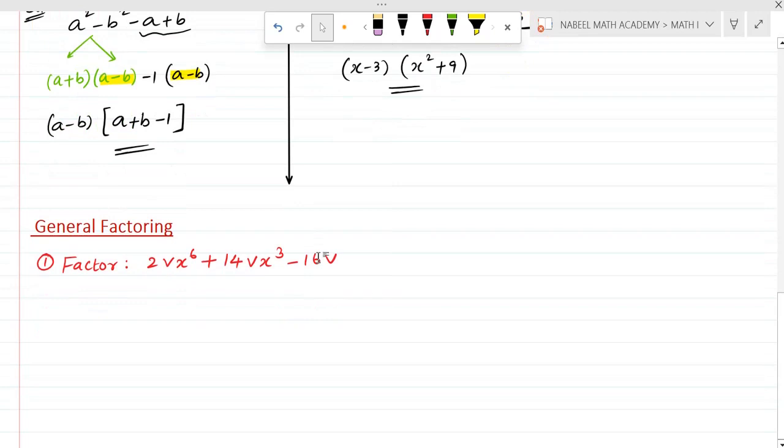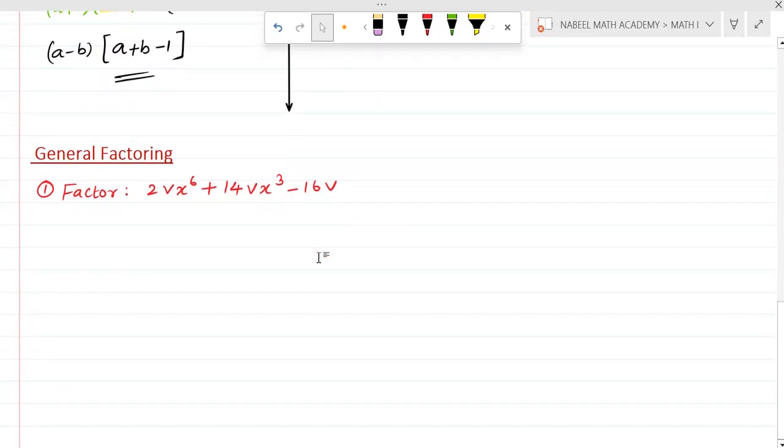Now the last question here is general factoring. In general factoring, in fact, it is the summary of all the factoring techniques, and we are using all of them in this one problem. So first, what we'll do here, what are the common factors? V is common. Another one is 2. Therefore, I will take 2v common from these two.